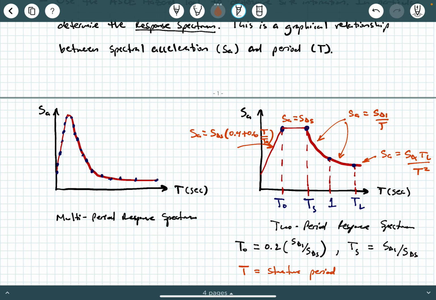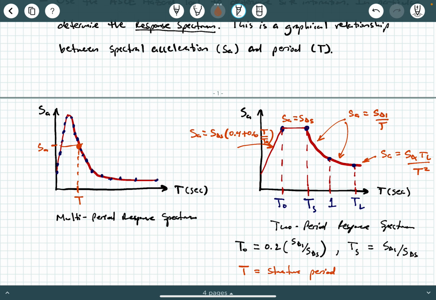And you do the same kind of thing over here with the multi-period. If you have a particular T value, you just come over and you pull off that SA value. Now, what's the difference between what you're doing with multi-period and 2-period? Not a whole lot of difference in general. It's just in the older 2-period response spectrum, you have these governing equations, like a piecewise function in math, right?